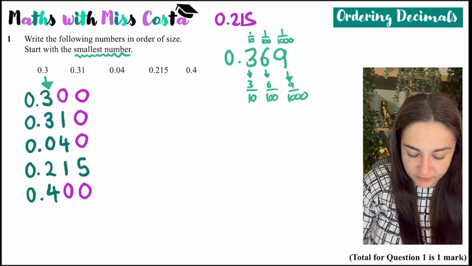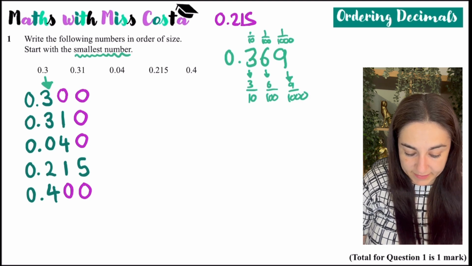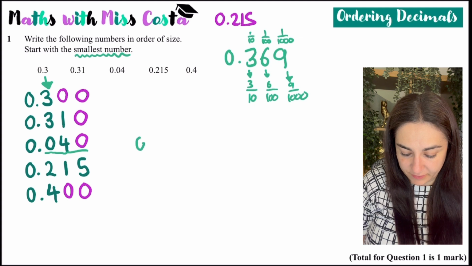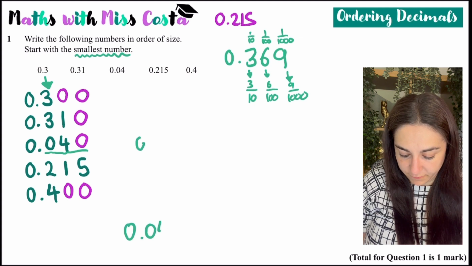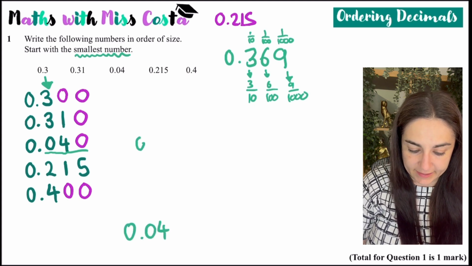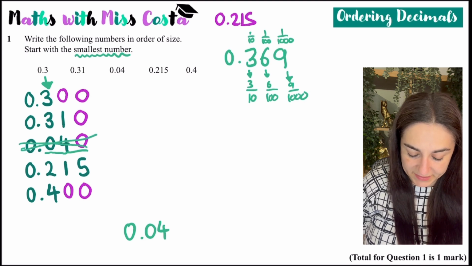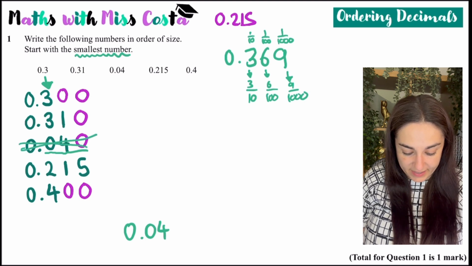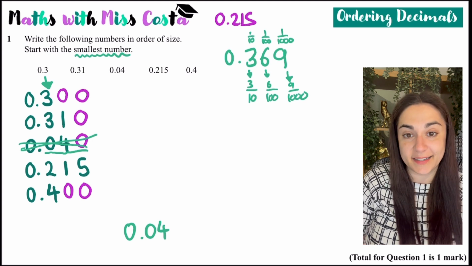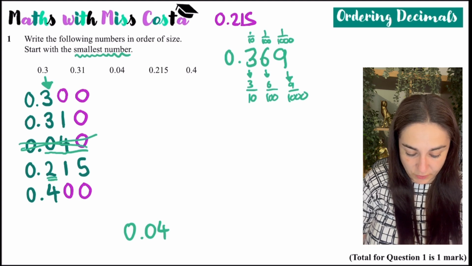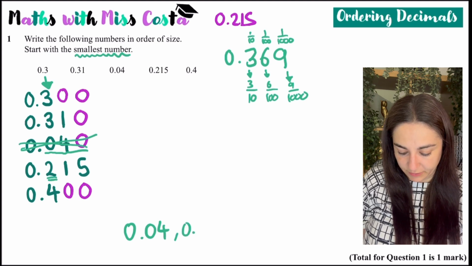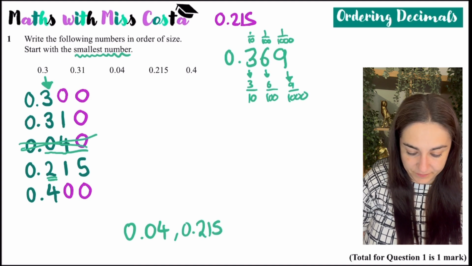So in the first column, we're going to look for what the smallest digit is. And over here, I can see that that would be 0.04. So I can just start listing them down here. 0.04 is going to be the smallest number. I then start again by looking at the next smallest digit, and that would be 2, so I'm going to write out 0.215.